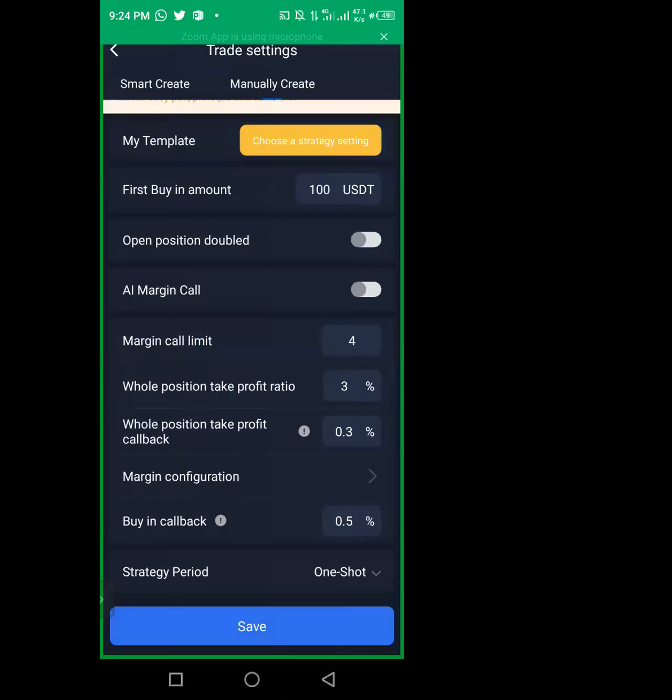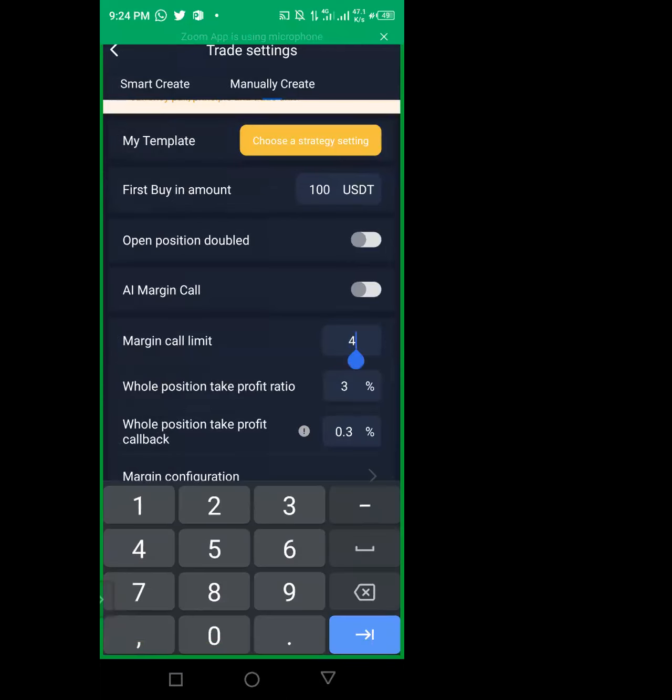But me, I like using anything above 4 in my margin configuration, 5, 6, 7 and above. When we get to trade strategy, I will explain why. Even in the coming program, I'll be using 5 if I don't want to use much margin.